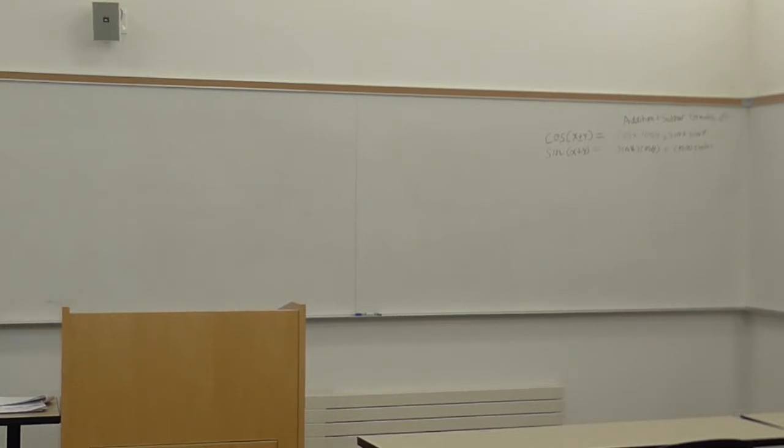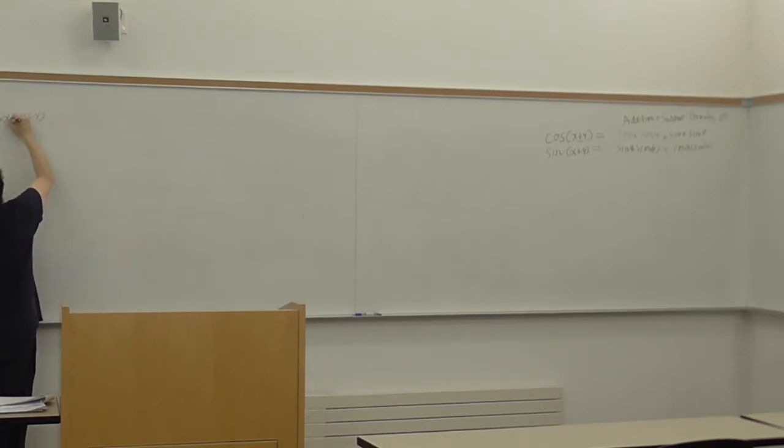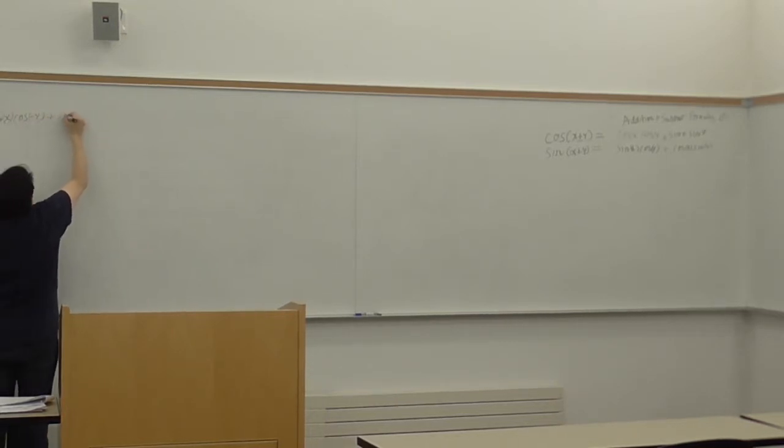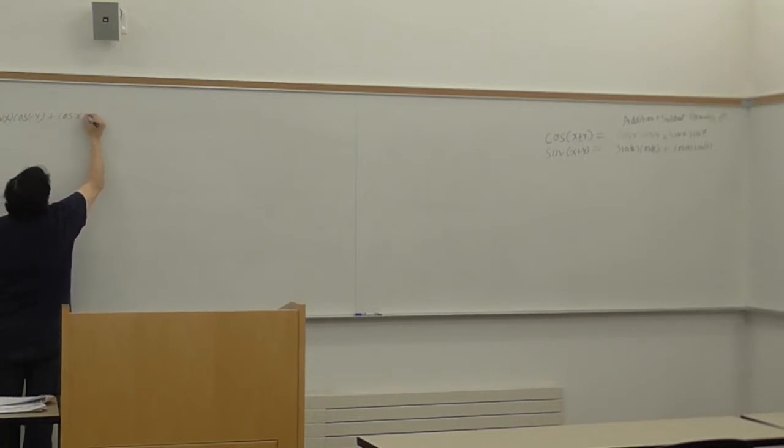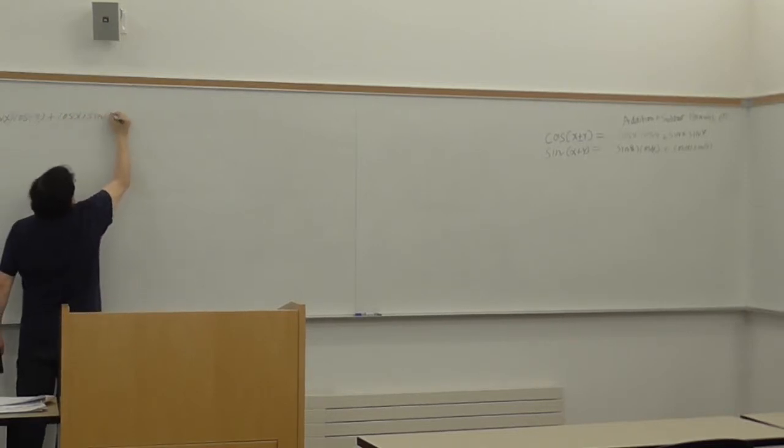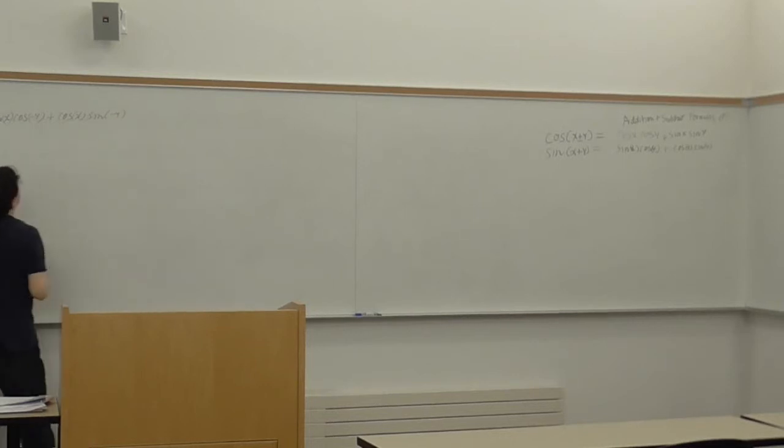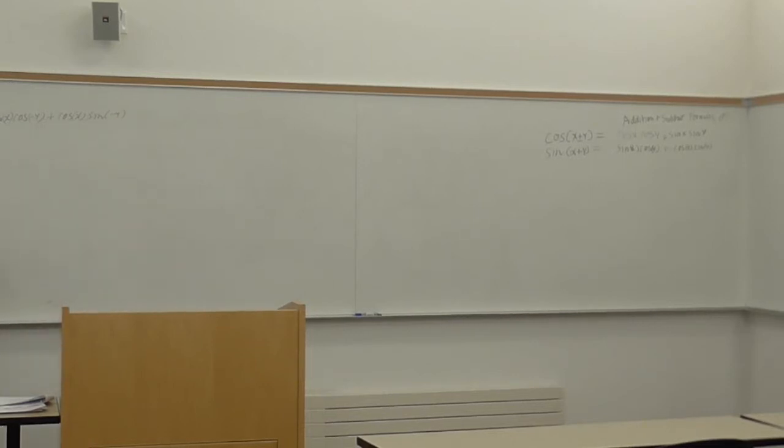Same thing we did with cosine of x minus y, we can do with sine of x minus y. That's sine of x plus minus y, which is sine of x cosine minus y plus cosine x sine of minus y. But again, these are our odd and even identities.